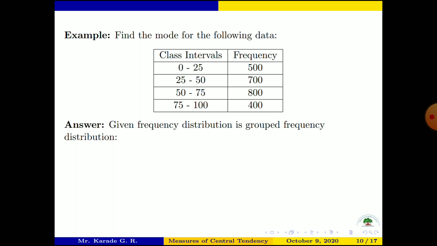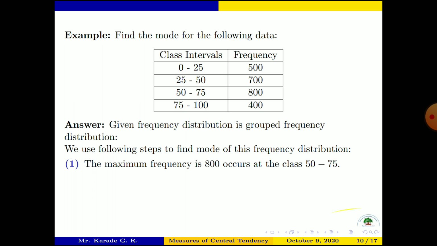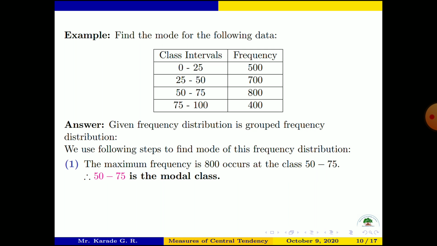In the first step we find the class corresponding to the maximum frequency. Here the maximum frequency is 800 and the corresponding class is 50 to 75. Therefore 50 to 75 is the modal class.